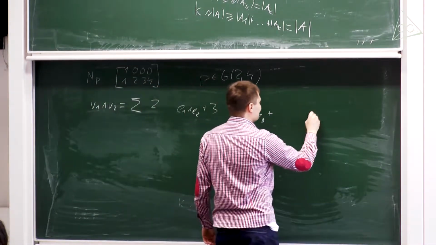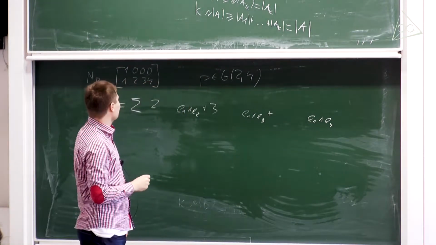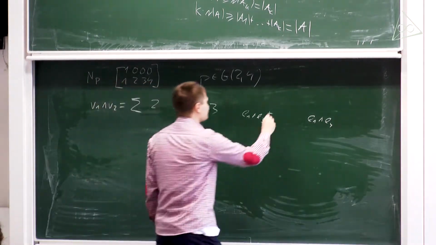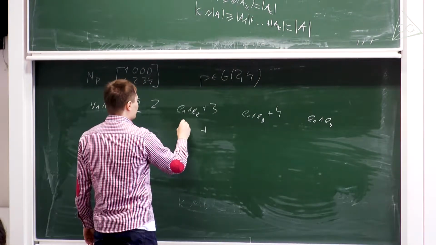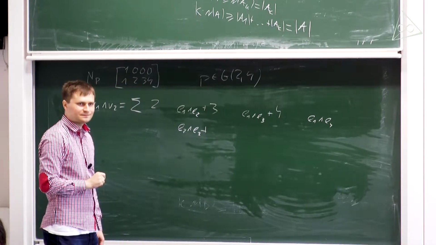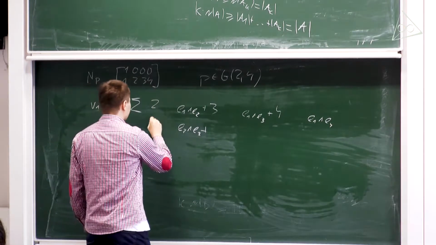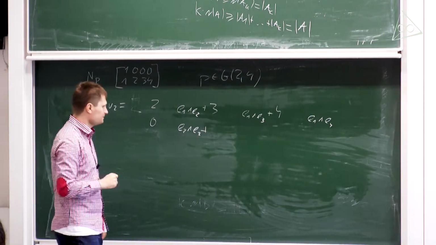Now someone even else. What's the coordinate of e1 wedge e4? 4. Okay. What is the coordinate of e2 wedge e3? 0. Okay, so all the other coordinates will be 0, can you see?